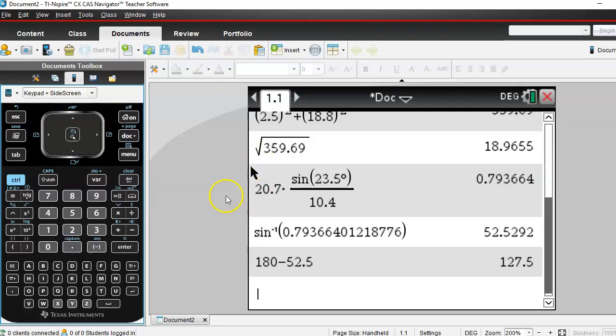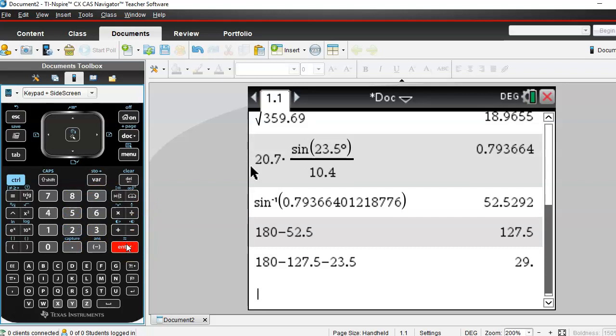All right, so 180 take 127.5 take 23.5 gives me 29 degrees.